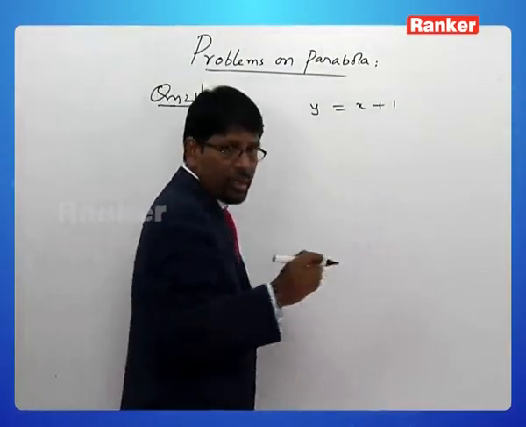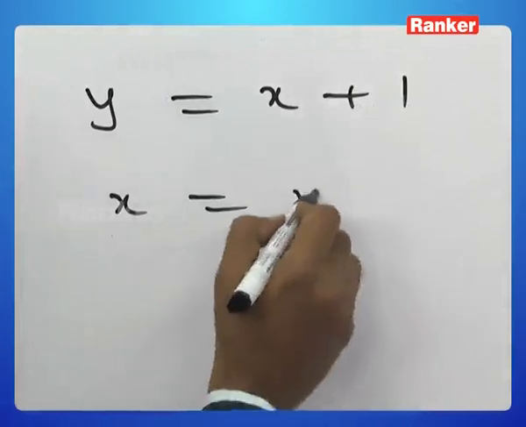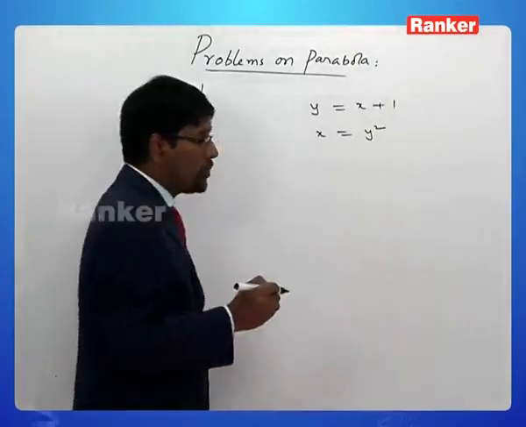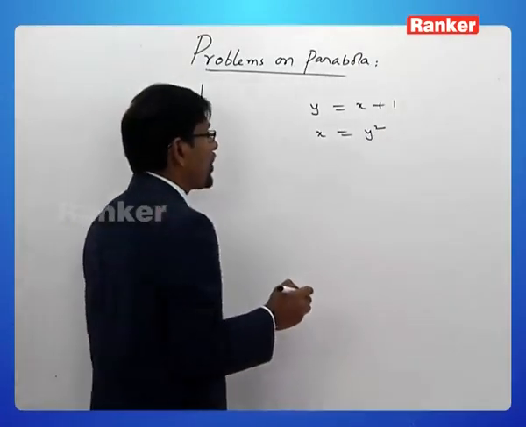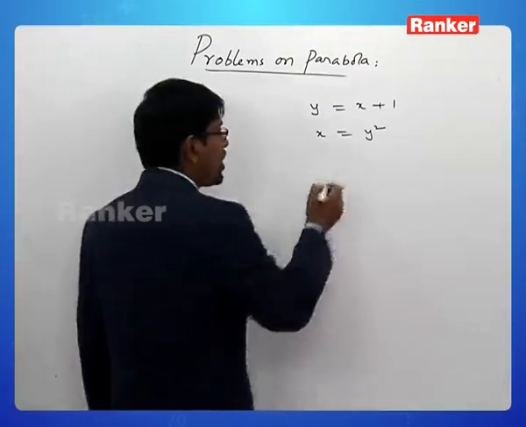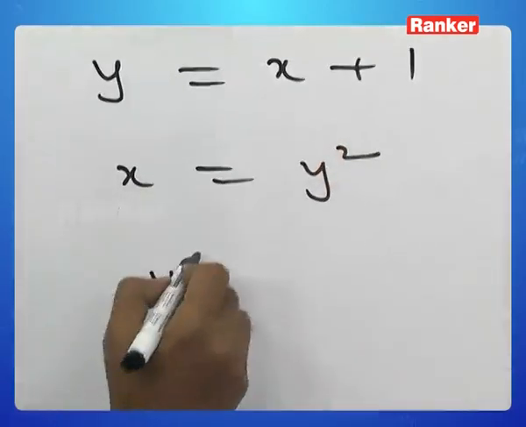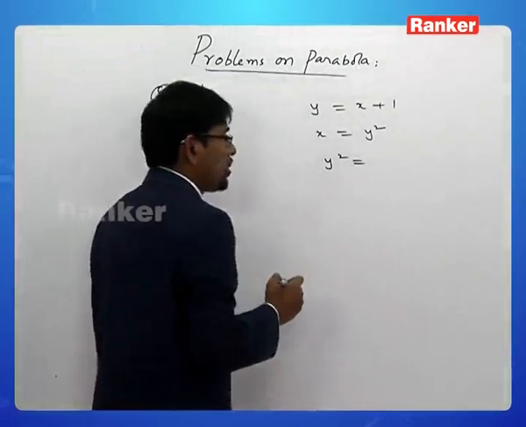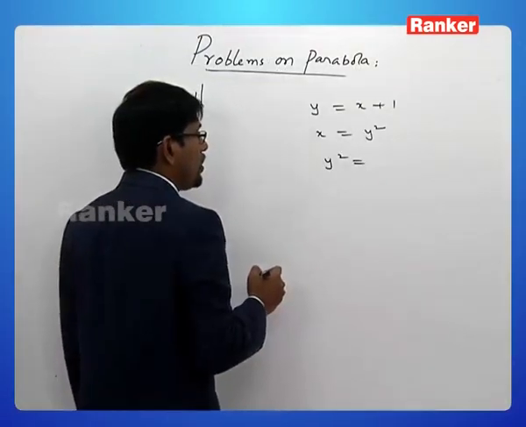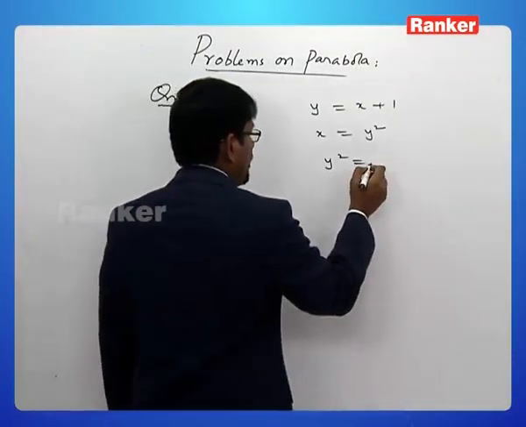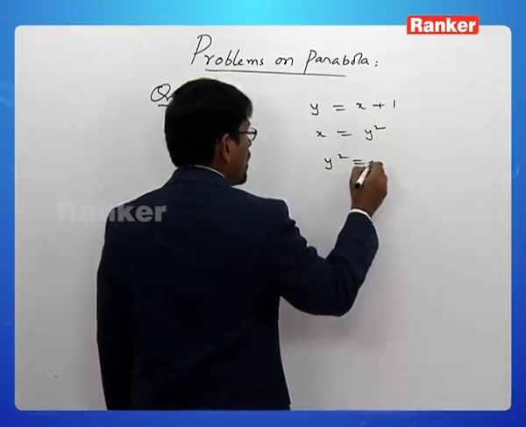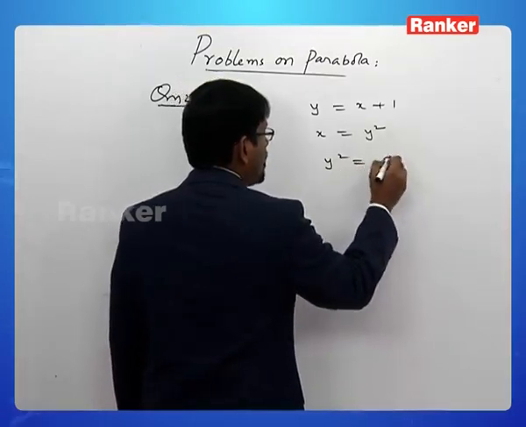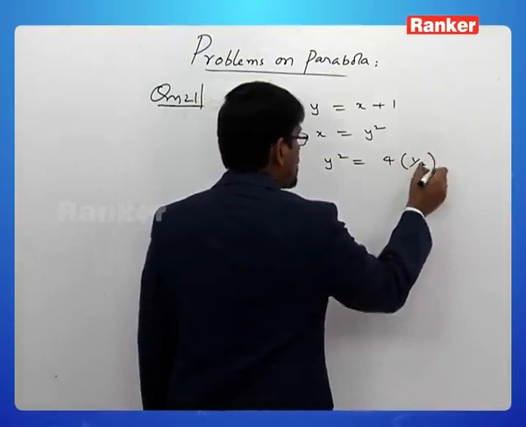And what is given? x is equal to y square, or y square is equal to 4 into 1 by 4 into x.